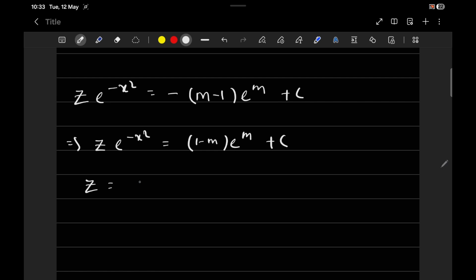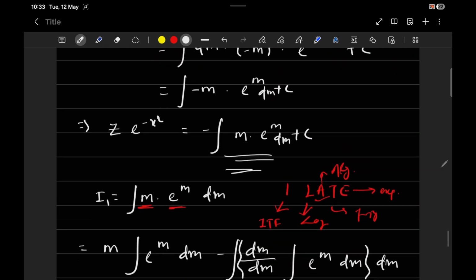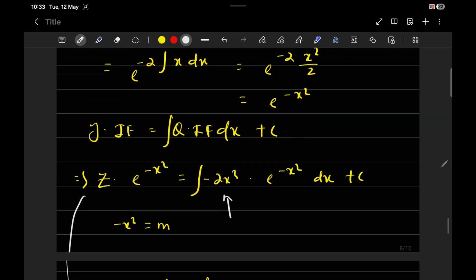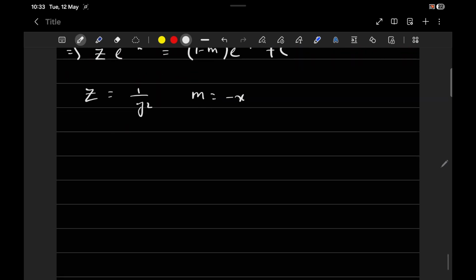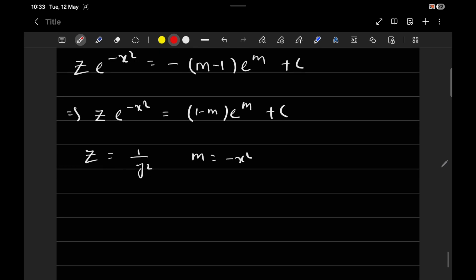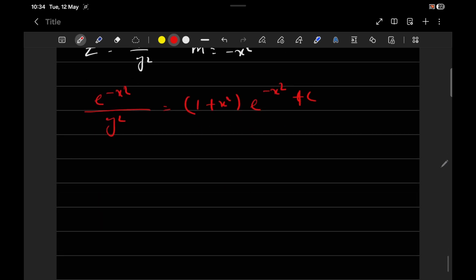Now z is equal to 1 by y square, and m here is minus x square. After putting these values, we get e to the power minus x square by y square is equal to 1 minus of minus x square, that is 1 plus x square, into e to the power minus x square, plus c. We can separate the x and y terms.